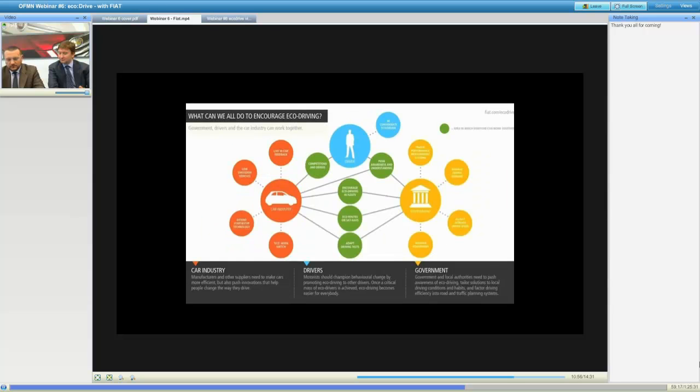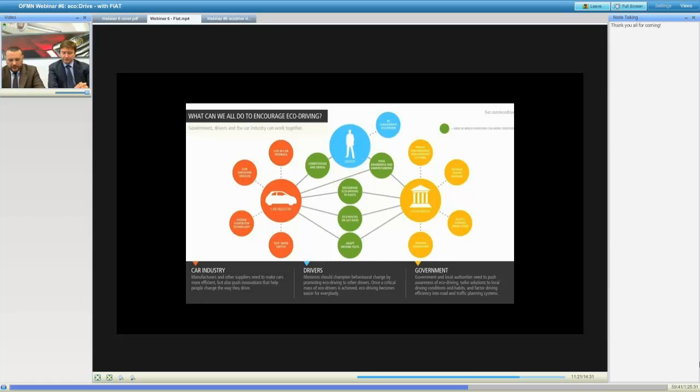In summary, how can we help Europe and the world to eco-drive, saving fuel and money? As I was saying at the beginning, we have three key pillars in this strategy. One is the car maker, and as Fiat, we are doing our best both on technology and on the tools that we offer to our customers.